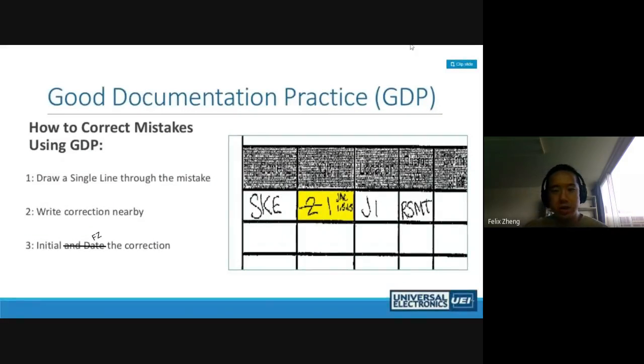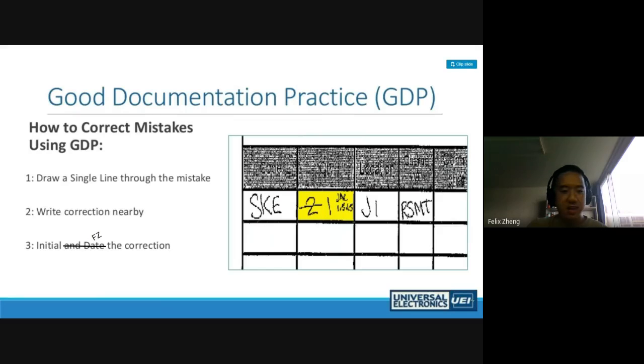There's some other things to note. If you make a mistake on a log, you do not want to absolutely obliterate it on your paper. Do not make circles or anything like that. Just make a single line through the mistake, so people can see what you wrote before and what you corrected it to. You should initial the correction so people know who made it.